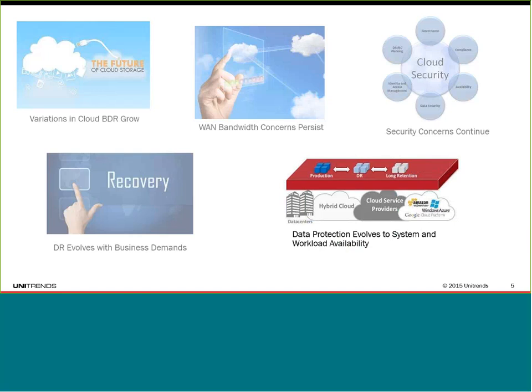And there'll be a move in 2016 from just pure data protection to services and workload availability. And this really is the dynamic nature of cloud resources itself, and the mobility of data is allowing companies to now use the resources that are in the cloud.